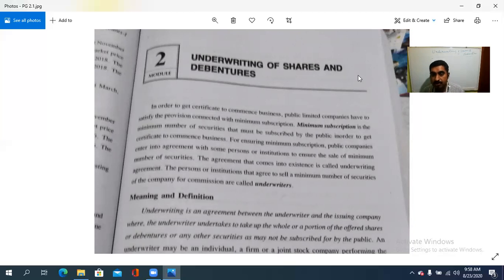That is, minimum number of securities that must be subscribed by the public in order to get the certificate to commence the business.